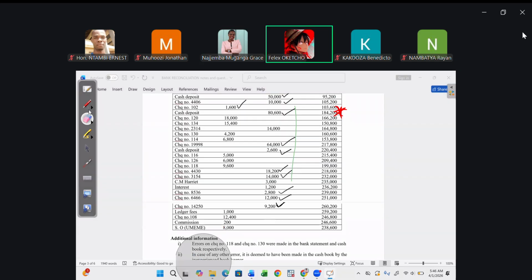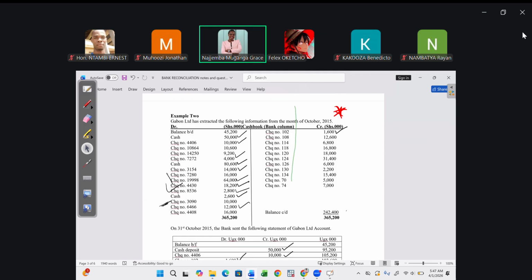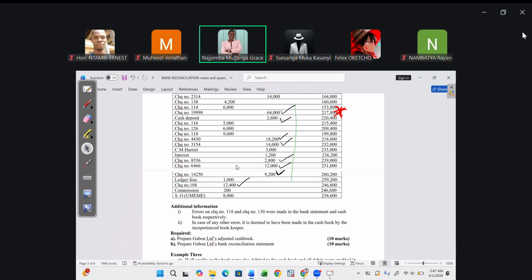It's there. 12,400, right amount? Yes, on the right side. 12,400, are you sure? I'm saying 12,600. Wrong amount, madam. Wrong amount, so we don't tick. We instead say error.